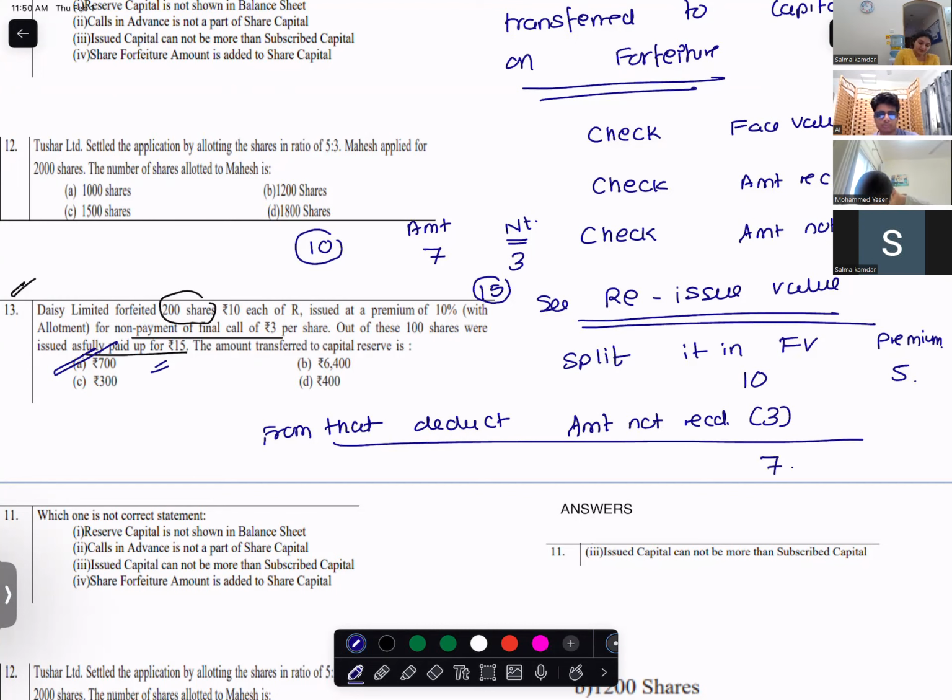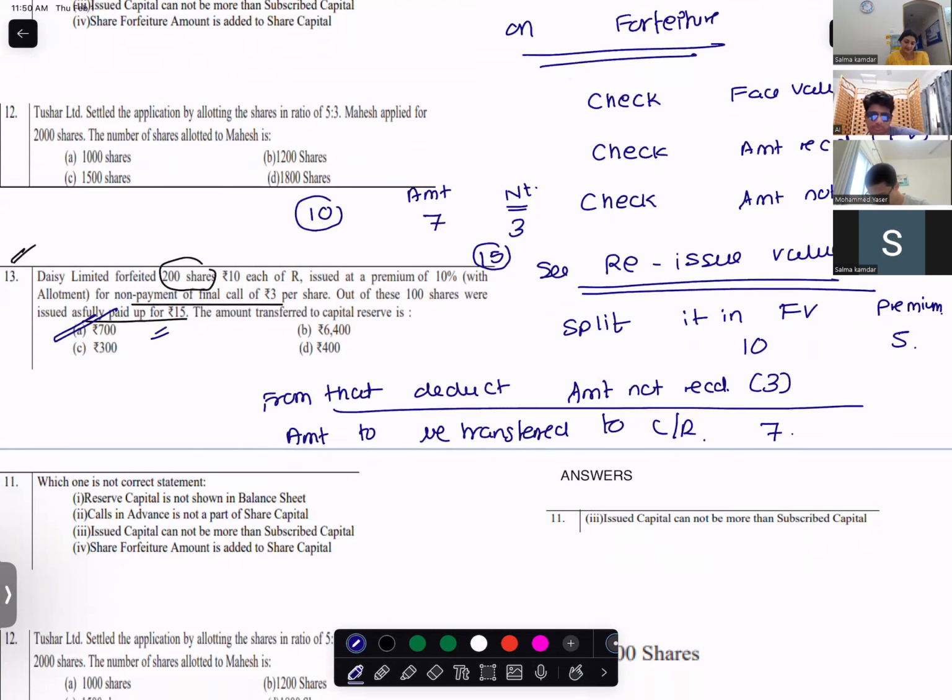I will get amount to be transferred to capital reserves. So from the reissue value, when you adjust the amount not received, you get the amount transferred to capital reserve.